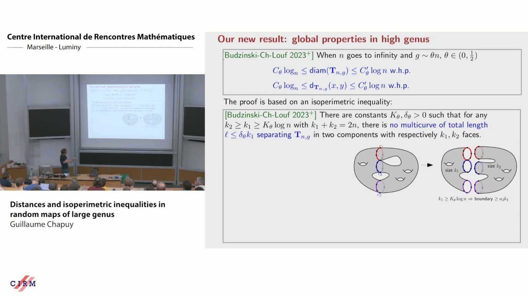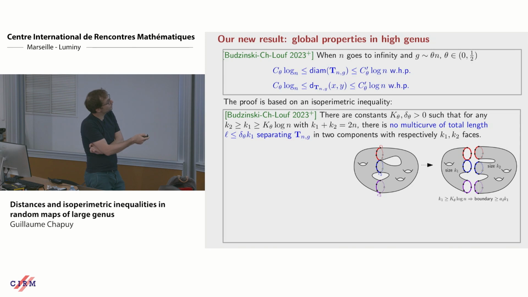Maybe k1 is very small. It is smaller than k log n. Then in this case, I will not tell you anything. I don't know. But if k1 is not too small, then I can say that the number of edges that you need to cut in order to make this happen has to be at least a constant. So this A delta should be a delta theta, sorry. I don't know why I wrote this.